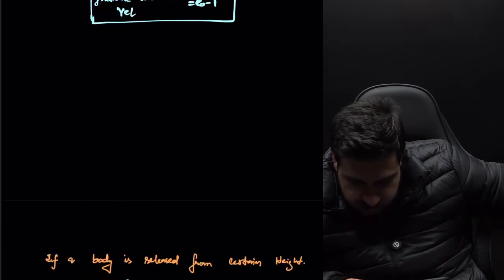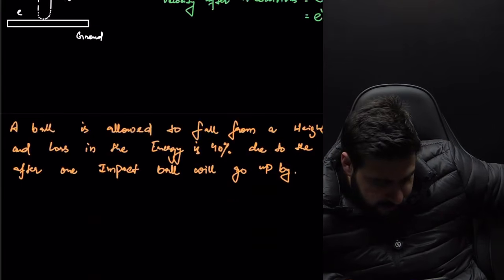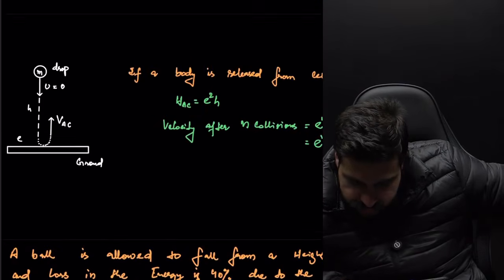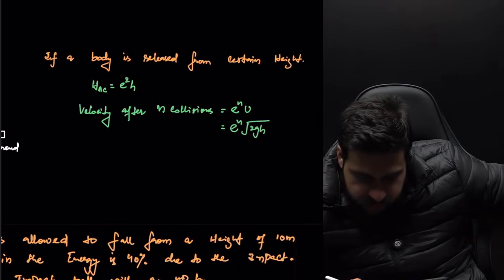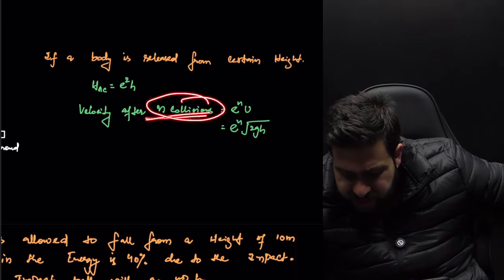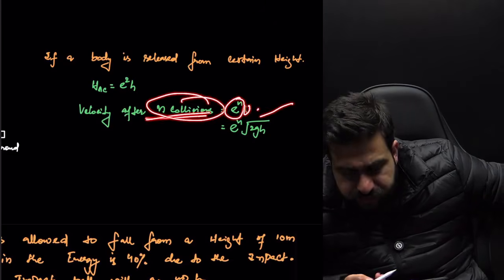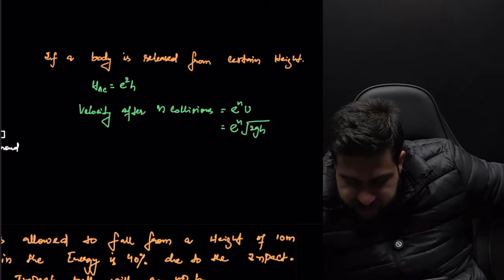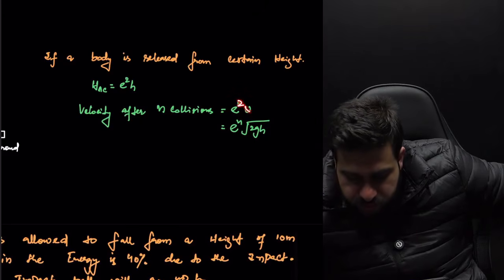This we know: the velocity after n collisions, this we have already studied. What is the velocity of the body after n collisions? e raised to the power n into u. After the second collision, you will put e raised to the power 2 into u.